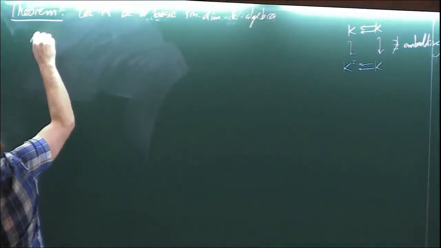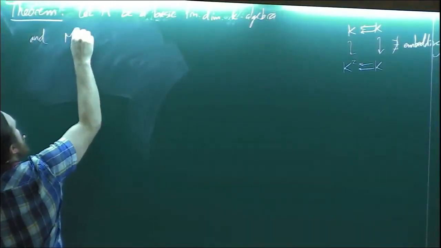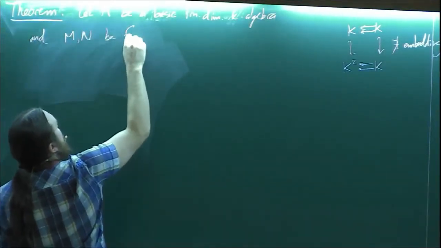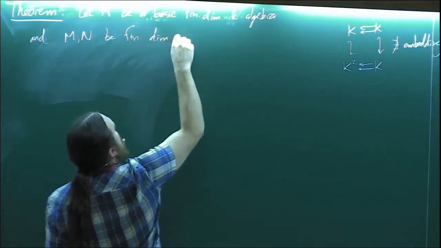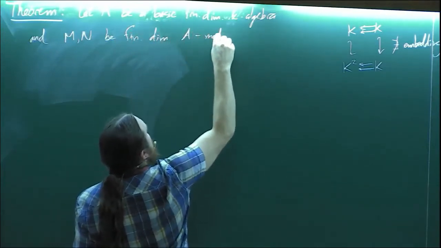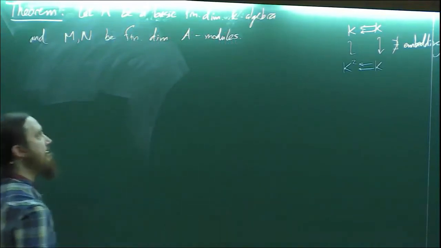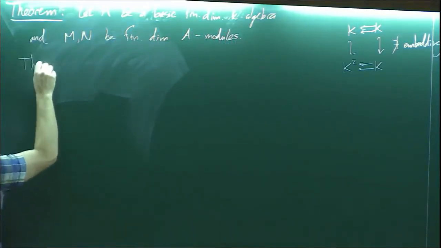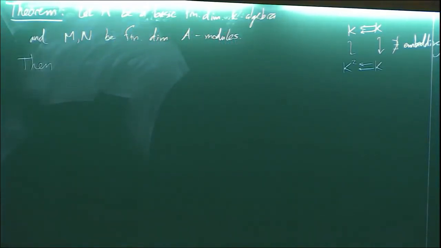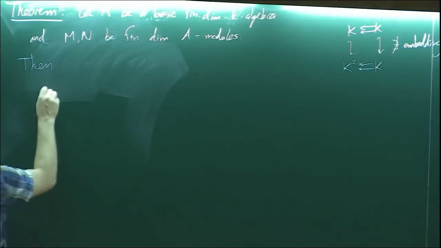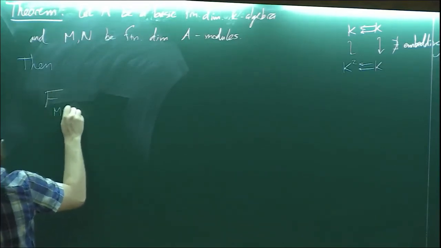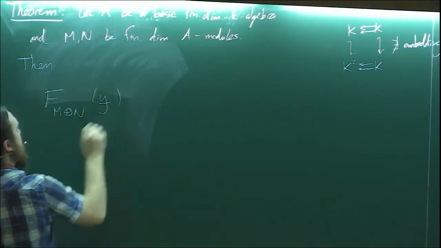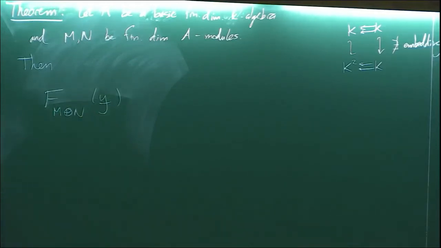And let M and N be 2 A modules. Then the F polynomial of their direct sum is the product of their F polynomials.